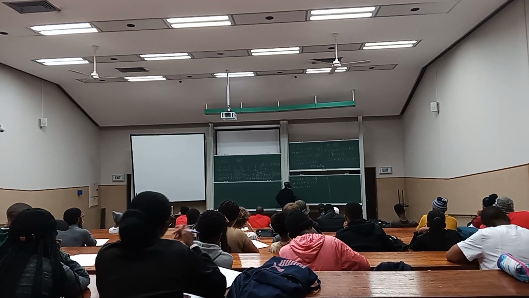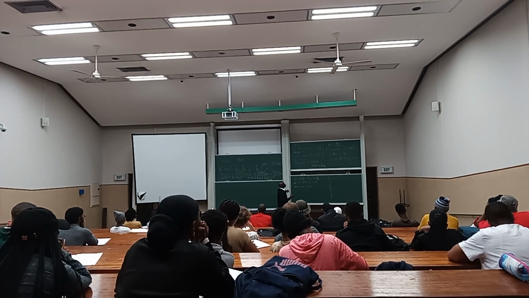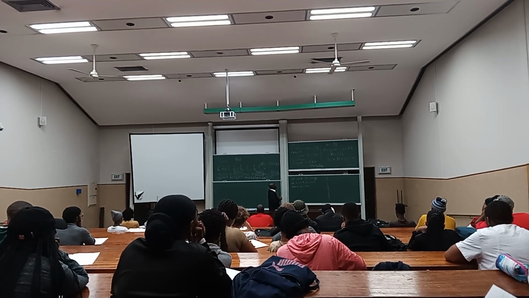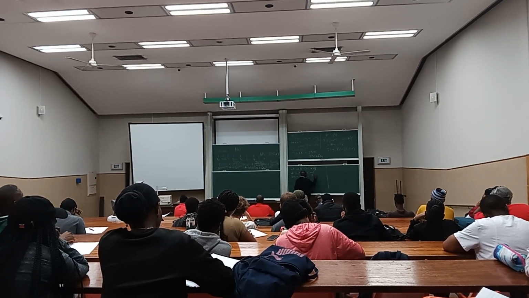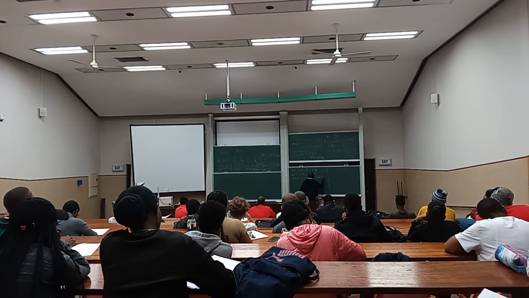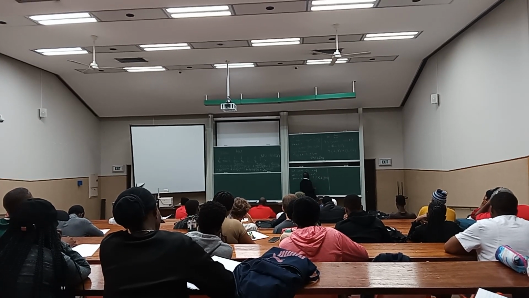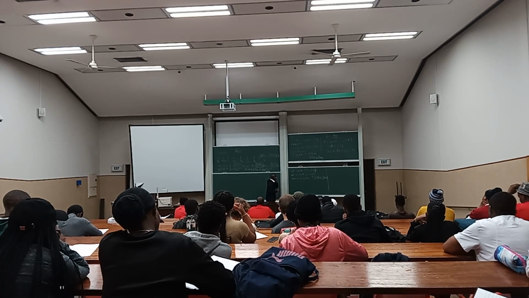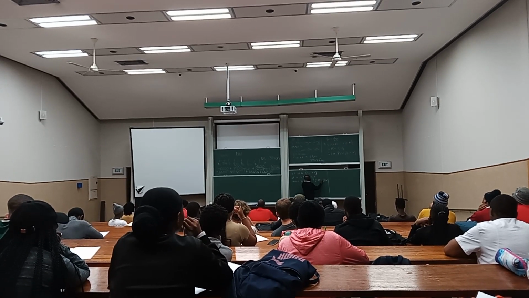If I assume this, what do I need to prove? I need to check whether f of x1 is less or greater than f of x2. That's what I need to find out. I need to check whether we have this or we have this.